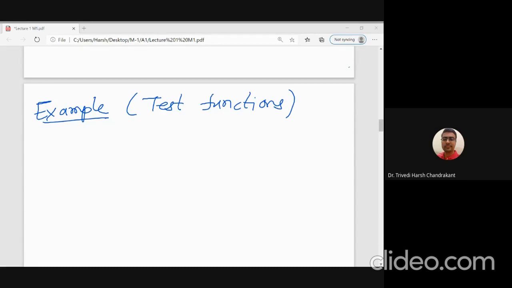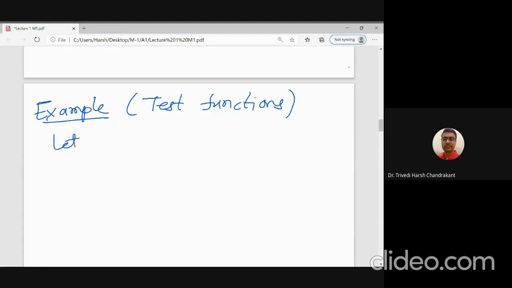Since this improper integral of the first kind is related to the series which we have just discussed, there are similar tests for this type of integral also. So these examples will be useful to identify whether the integral is convergent or not.